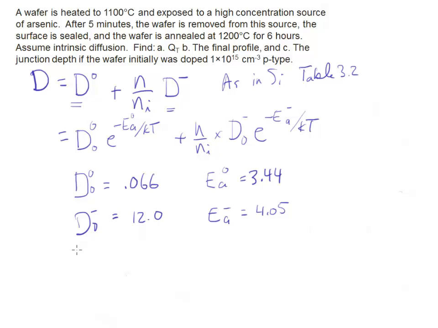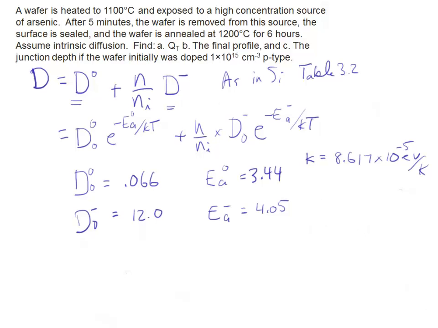Okay, and we also may remember that the Boltzmann's constant is equal to 8.617 times 10 to the -5 electron volts per Kelvin. Okay, and that can be found in the back of the book where the physical constants are.